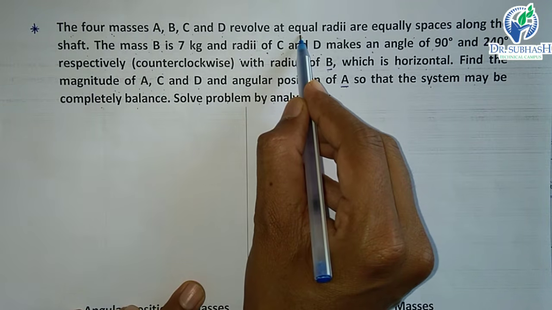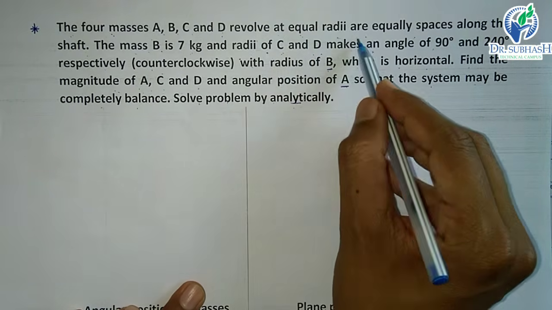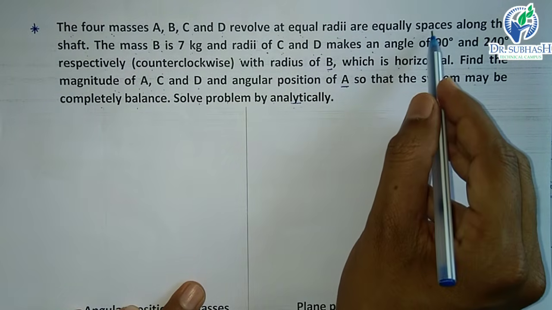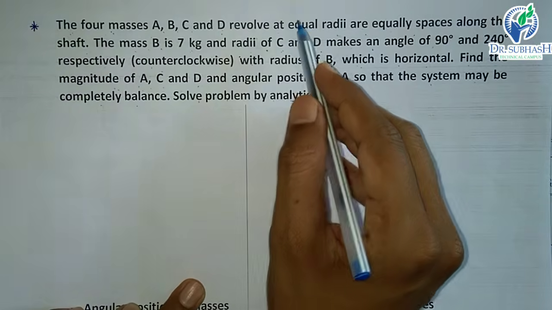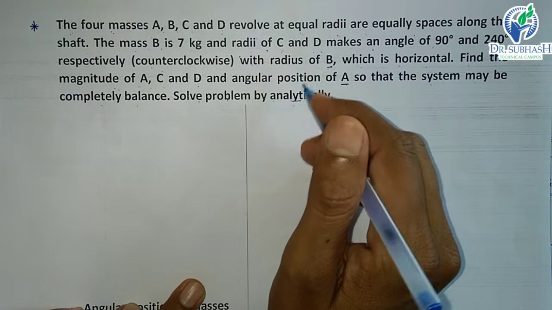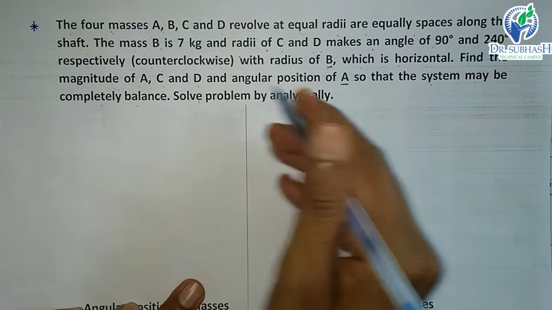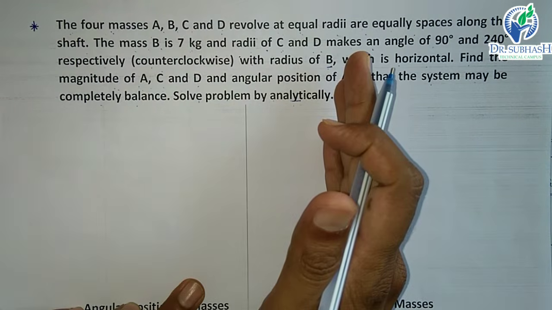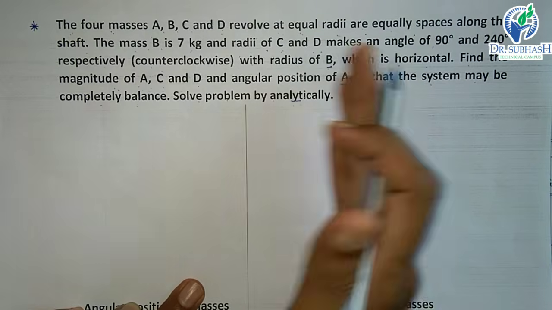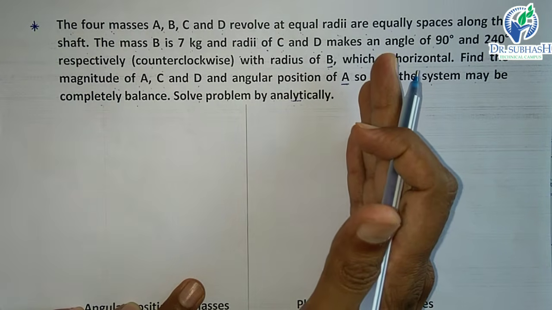That means these four masses rotate at an equal radius and are equally spaced along the shaft. That means the spacing between the planes of each mass on the shaft is equal.